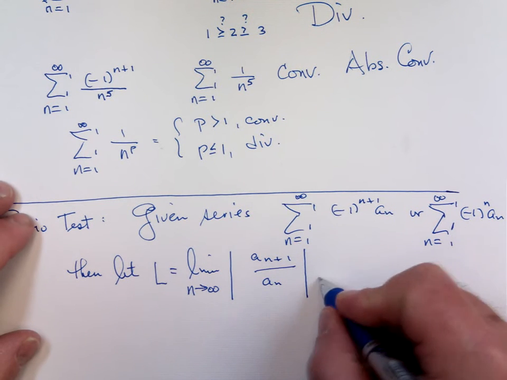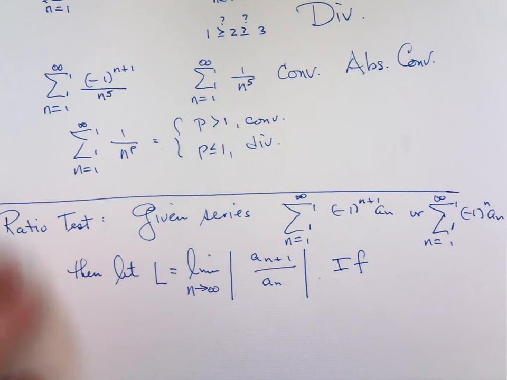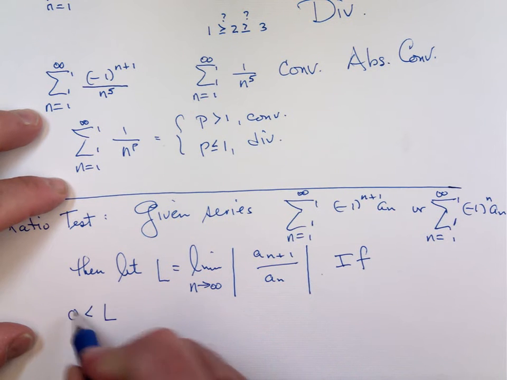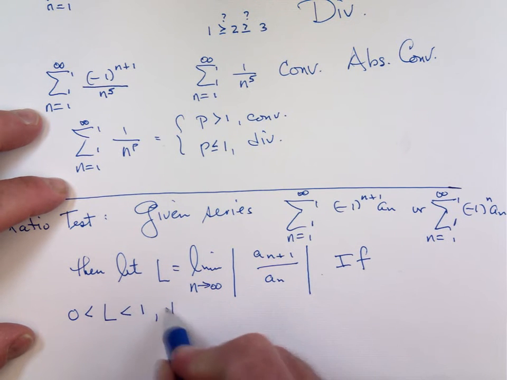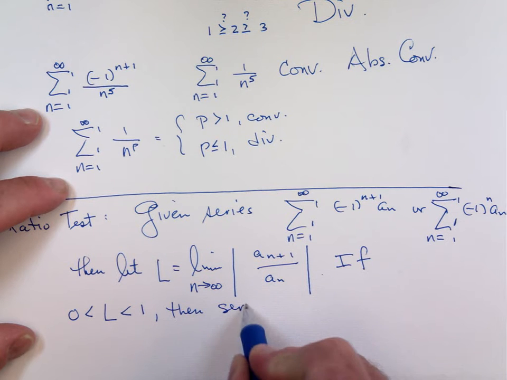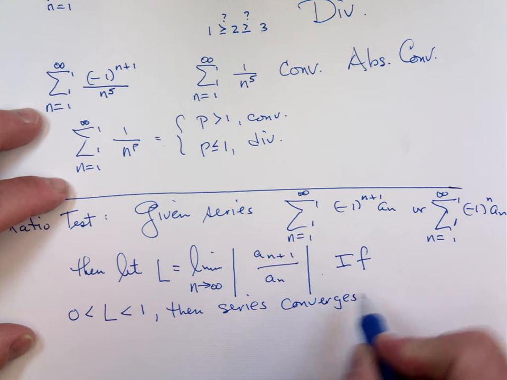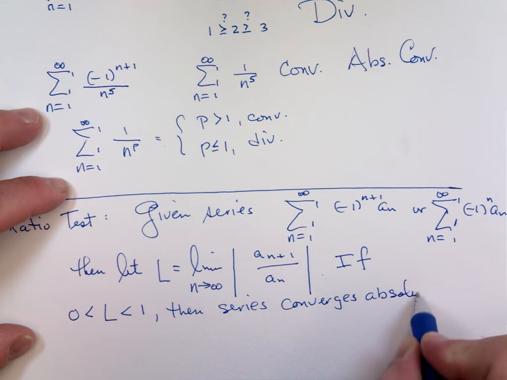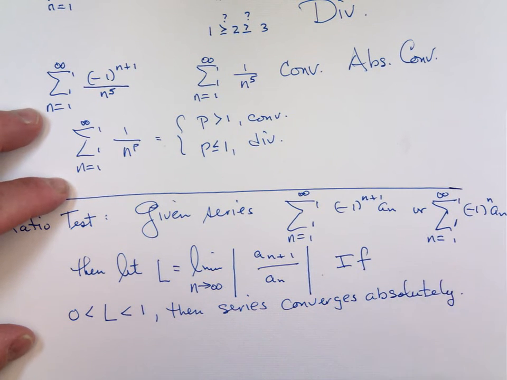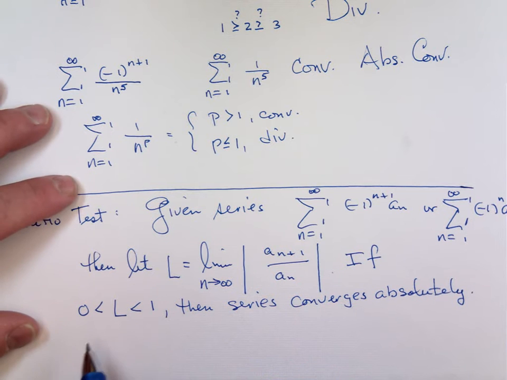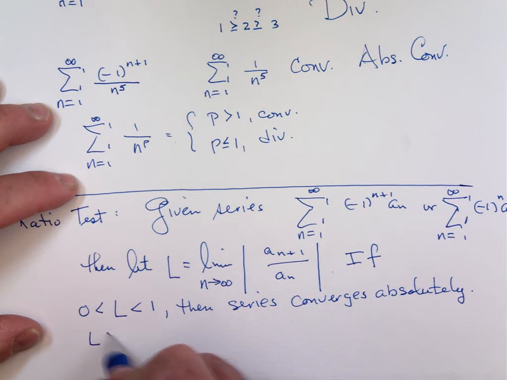We have three possibilities for L. If L is greater than 0 and less than 1, then the series converges absolutely. After all, we tested its positive series, and if it passes this condition, then it converges absolutely. If L is greater than 1, the series diverges.